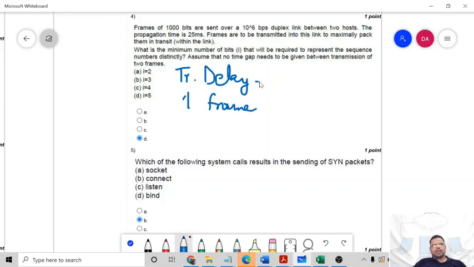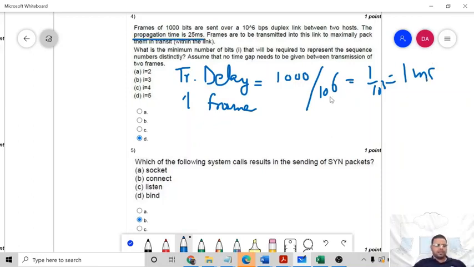You can see here, total number of bits, frames of 1000 bits divided by 10 to the power 6. So it is 1 by 10 to the power 3, or you can say 1 millisecond. And here the propagation time is 25 milliseconds.